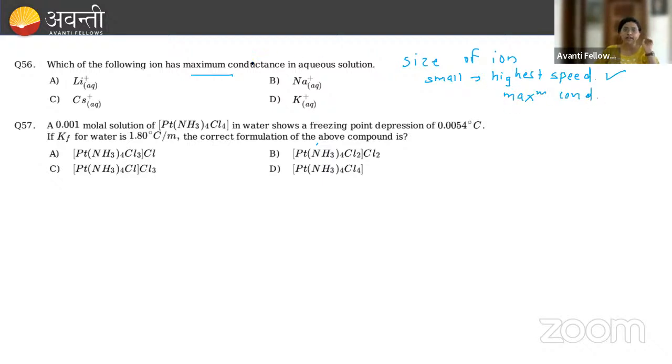So which of the following is smallest in size? Li plus is the smallest in size. So our answer will be Li plus, right? Any doubt?